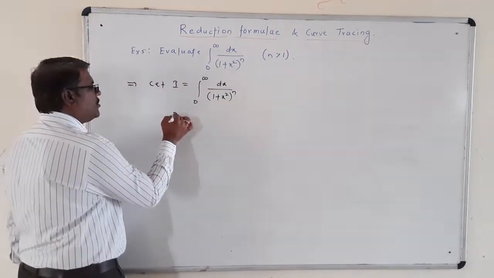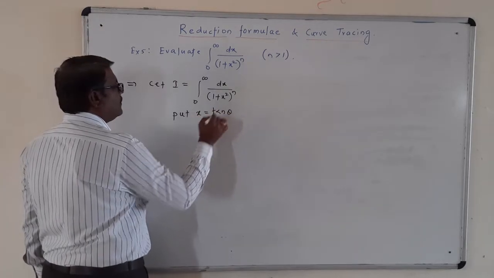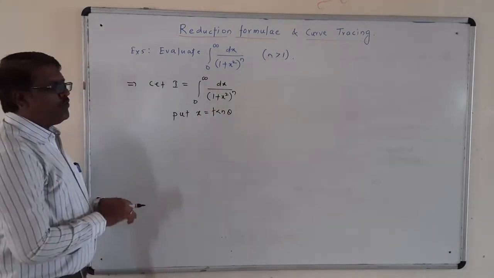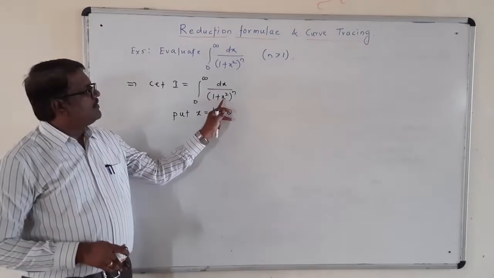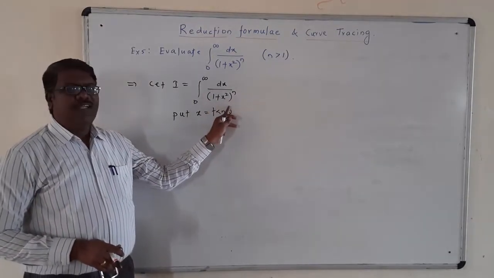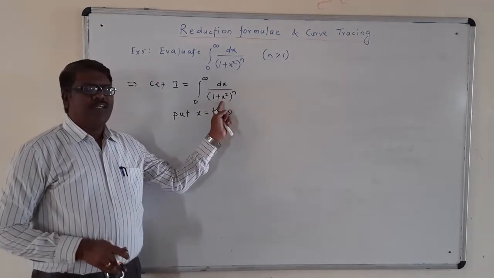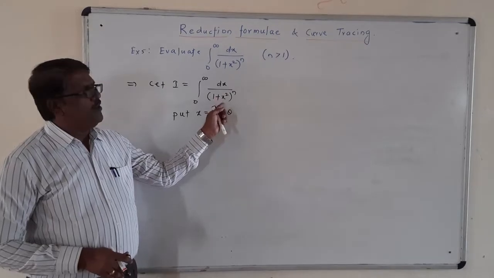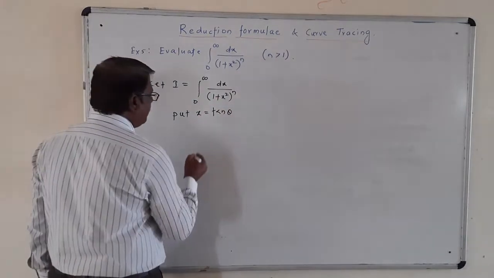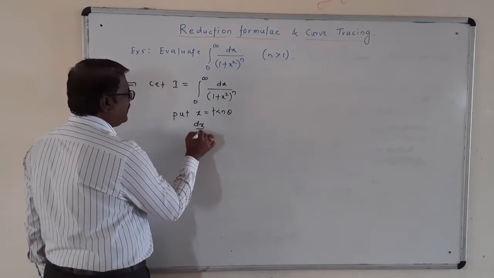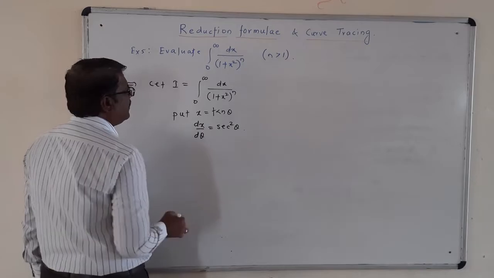Now here I will substitute the value of x as tan theta. So why have I substituted x is equal to tan theta? Because I know the value of 1 plus tan square theta is sec square theta, and when it comes out to be sec square theta, then we will get its value in terms of cosine terms. So put x is equal to tan theta, therefore dx by d theta is equal to sec square theta.